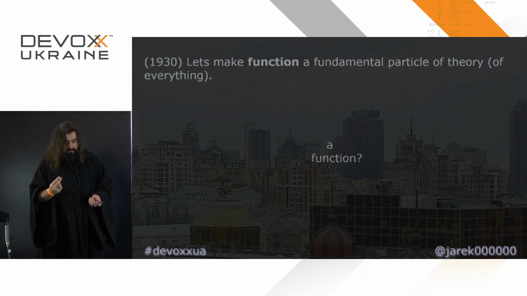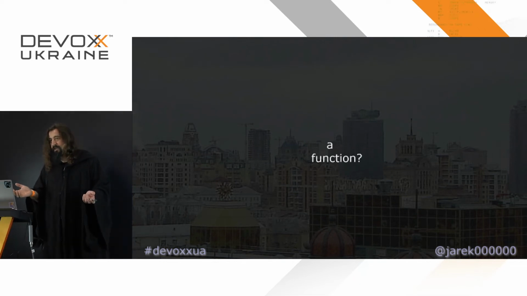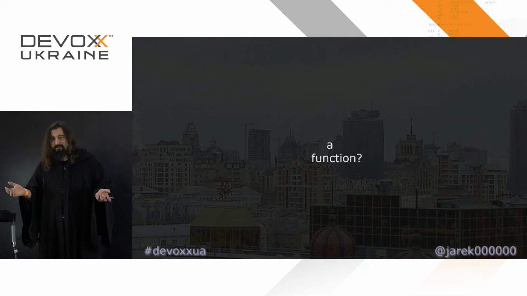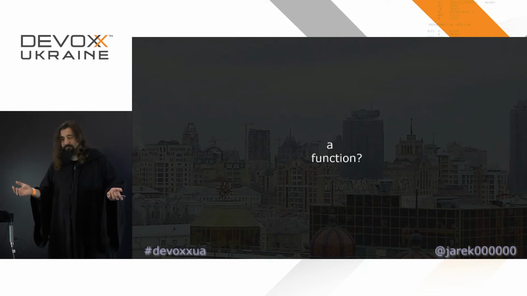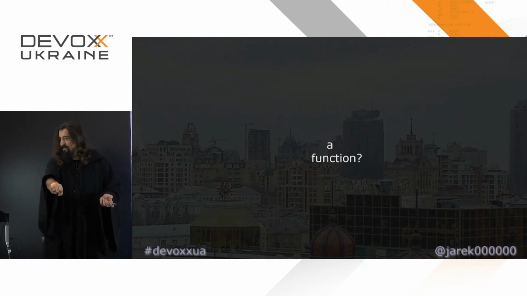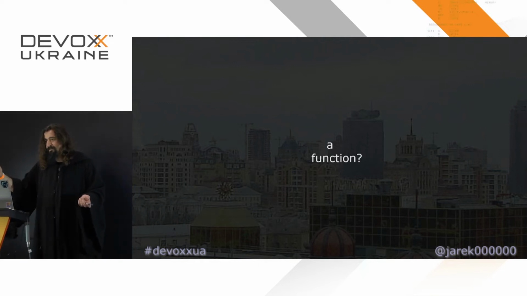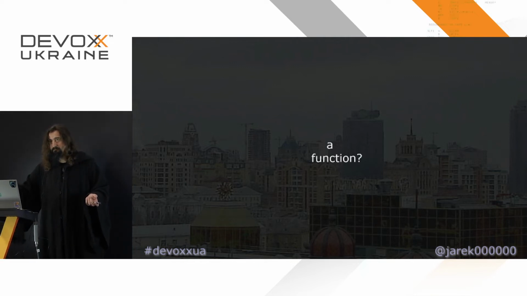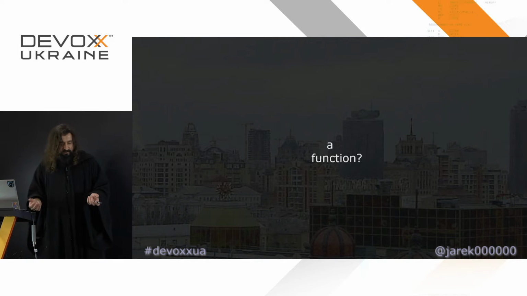Now, you know the problem. What is a function, from school? Something that takes one element from one set and gives you back another element from another set. Domain, codomain. And the problem is, you need sets to have functions. That is not a solution.